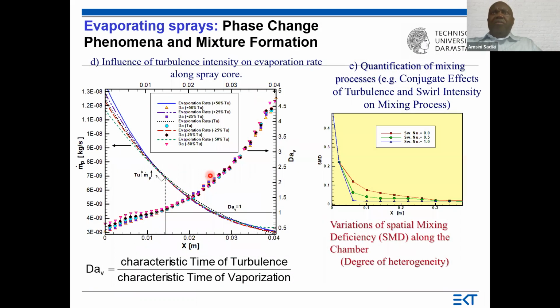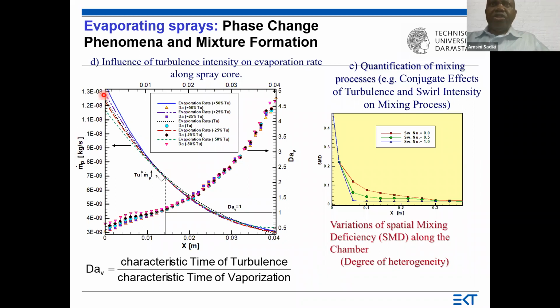So now I come to this influence of turbulence intensity on the evaporation rate along the spray core. So we have our chamber, and we got the result for the evaporation rate. Here we use only the non-equilibrium model because we assume that it is the correct one.